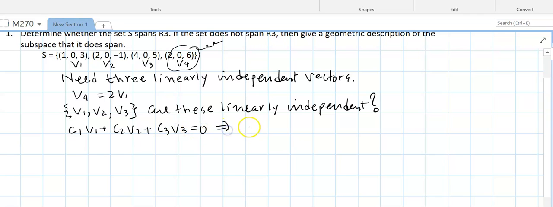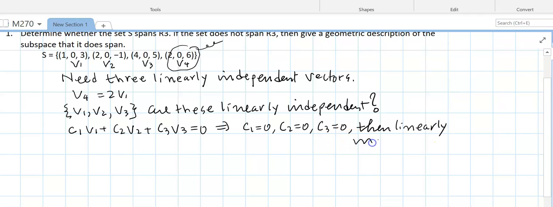And if they give me C1 equal to 0, C2 equal to 0, C3 equal to 0, then what? Linearly independent, and then therefore spans R3. Okay, so we'll check that.